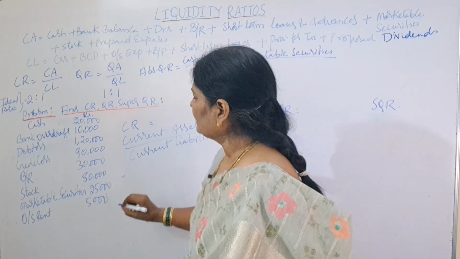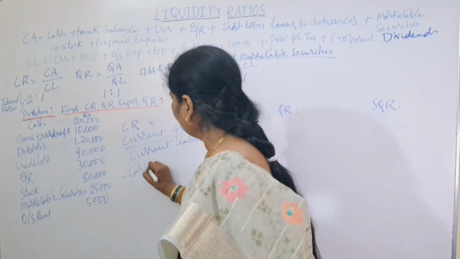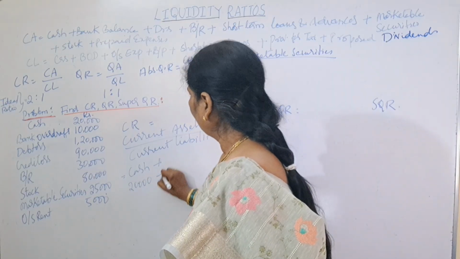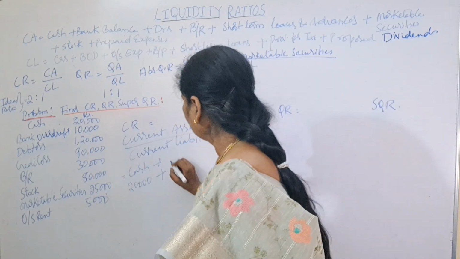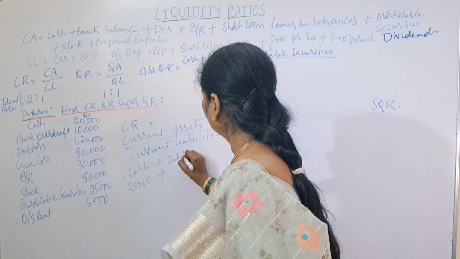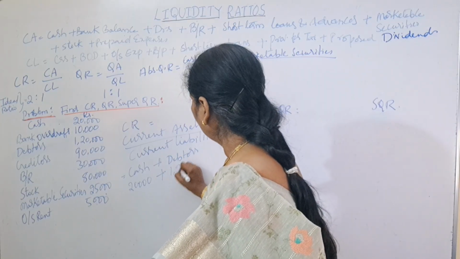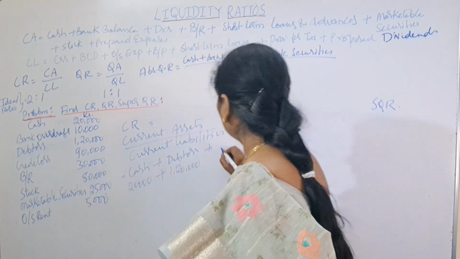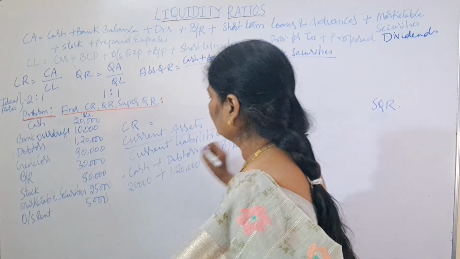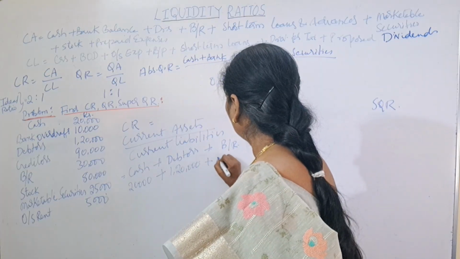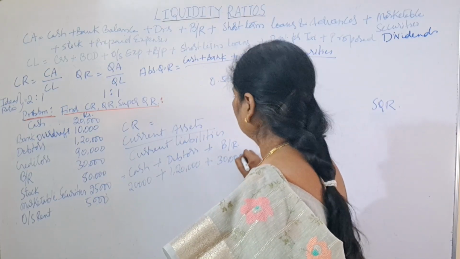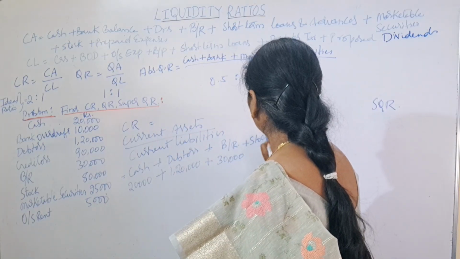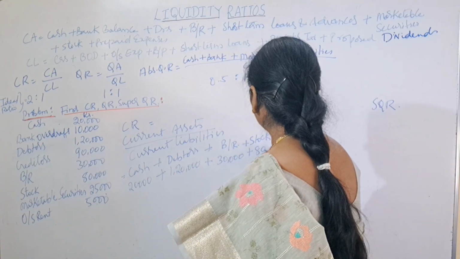Now what are our current assets? Cash is our current asset, so it is 20,000, plus debtors 1,20,000, plus bills receivable 30,000. Next, stock 80,000.